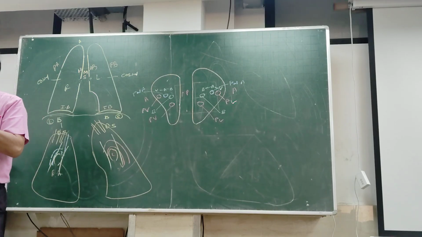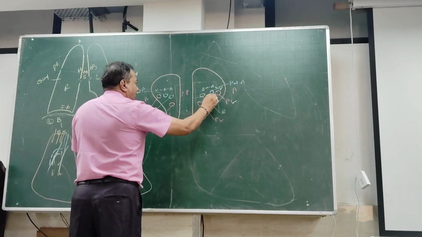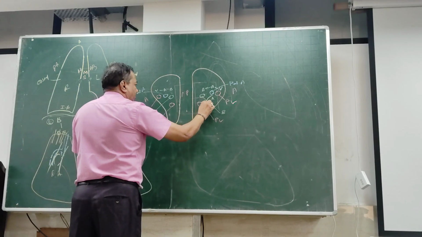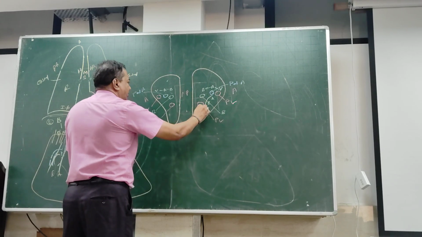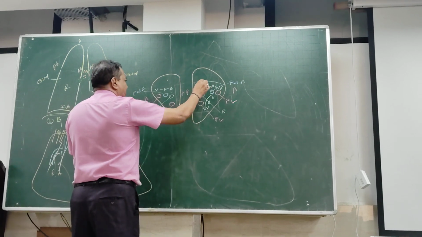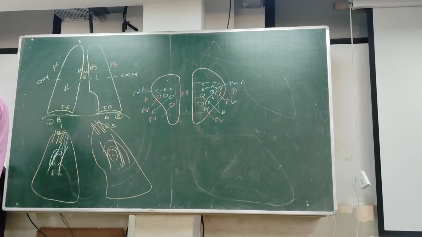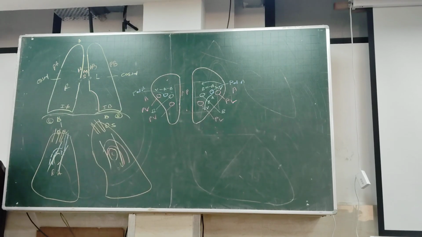Vein, artery, bronchus. Superior to inferior, artery, bronchus, vein. Superior to inferior, what is it? Artery, bronchus, vein. Anterior to posterior, what is it? Vein, artery, bronchus. Clear?